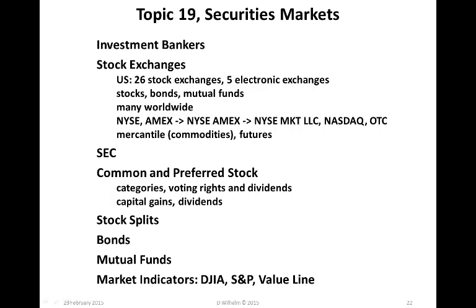The Securities and Exchange Commission is the government organization that is tasked with making sure the stock exchanges operate ethically and legally. There are 2 categories of stock, common and preferred, and these are categories, not specific types of stock, because a very specific type of stock is included in the stock prospectus and the stock contract.